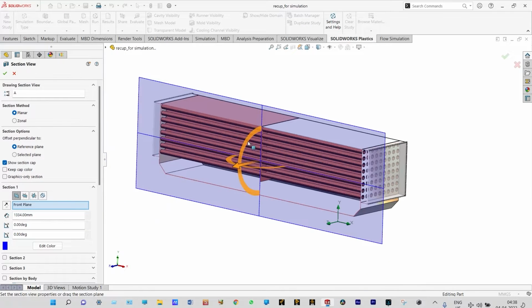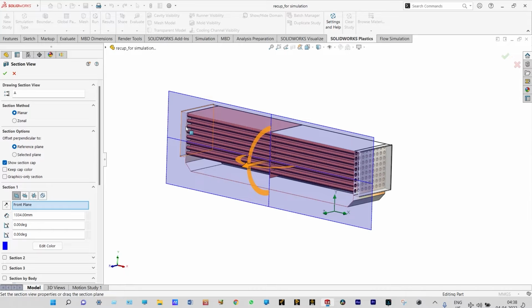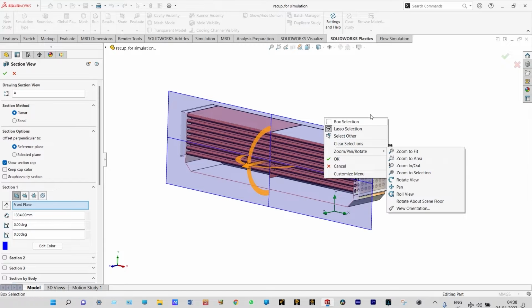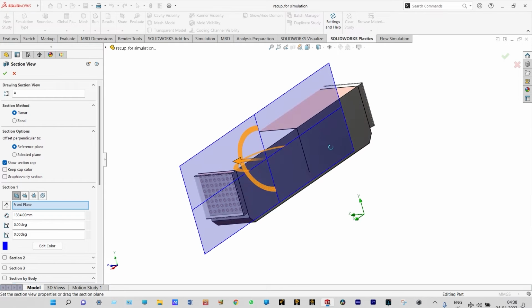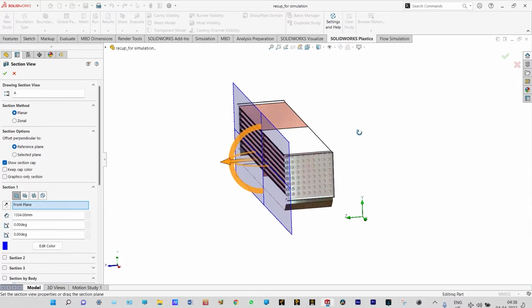And this is the inlet of cold water, this is the exit. Similarly, this side is the inlet of hot air, and on the other side, this side is the exit of hot air, right? Let us rotate this one and see. This side is the exit of hot air.